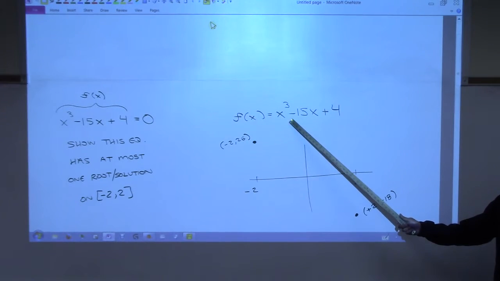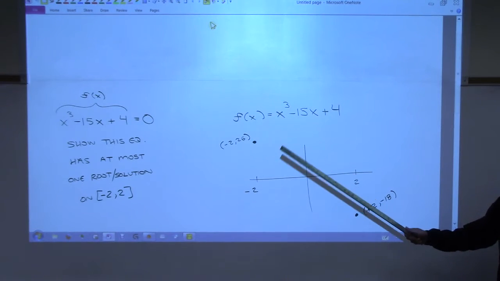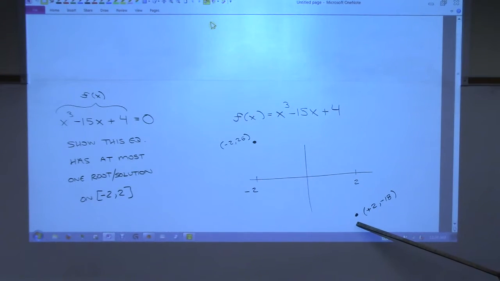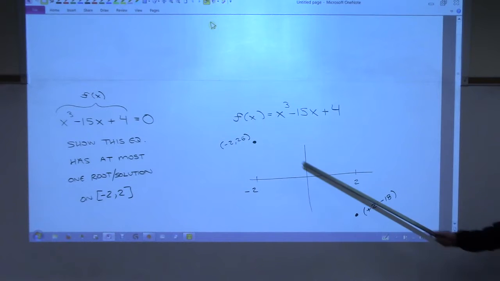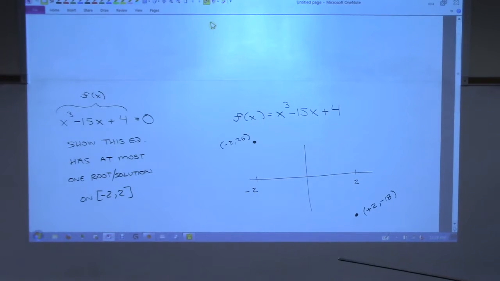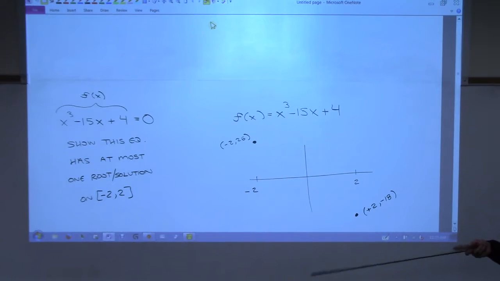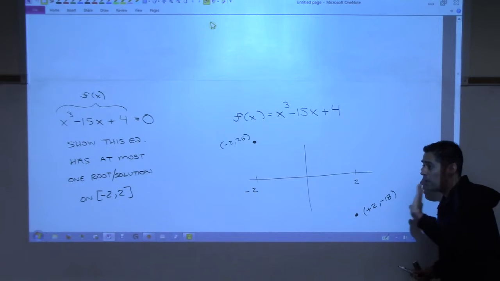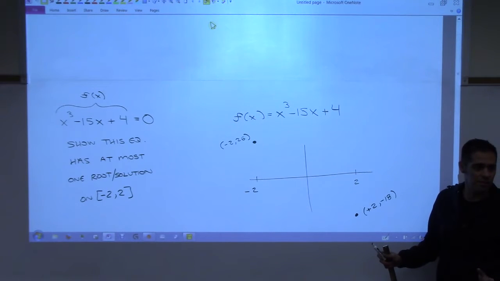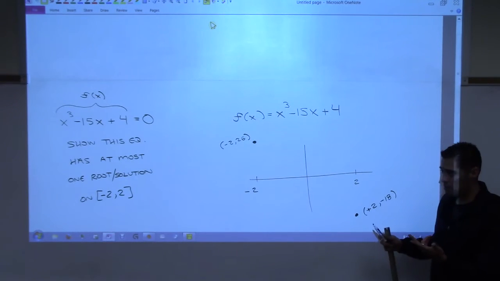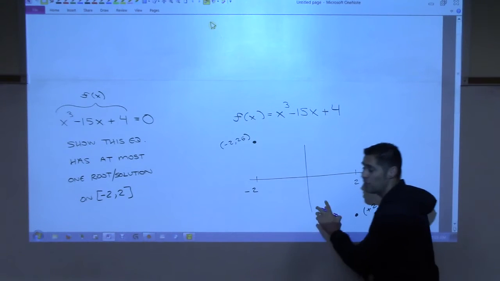Now, this is a continuous function, isn't it? And it must go from here to here, right? Do you agree then that it has to pass through the x-axis for that to happen? There's no way I can draw that without crossing through the x-axis. So I'm going to have an x-intercept in here. So we already know that a solution exists. We don't know what it is, but a solution exists.